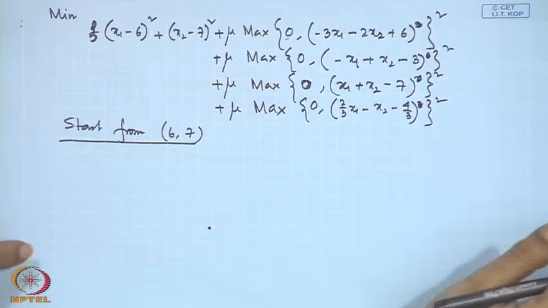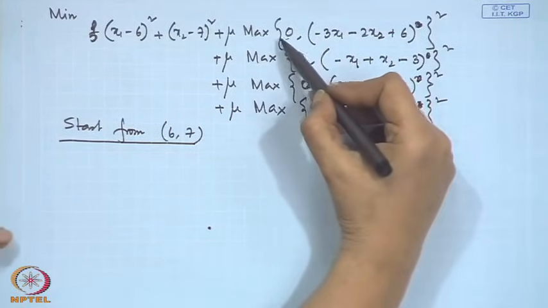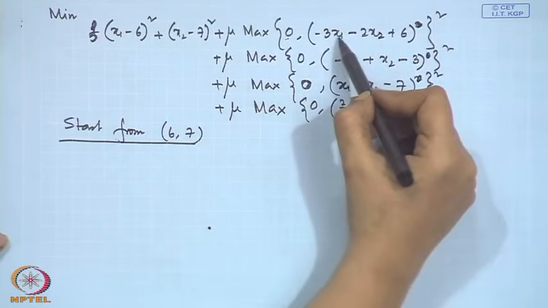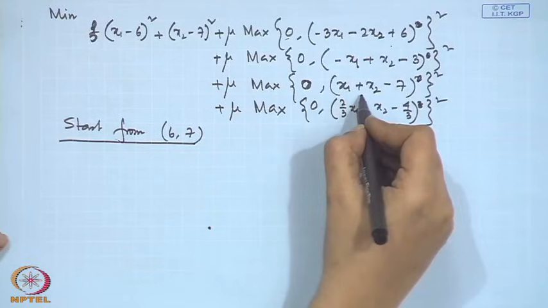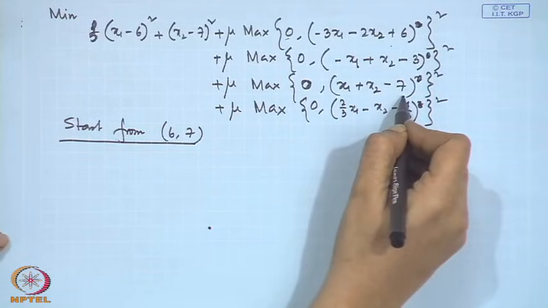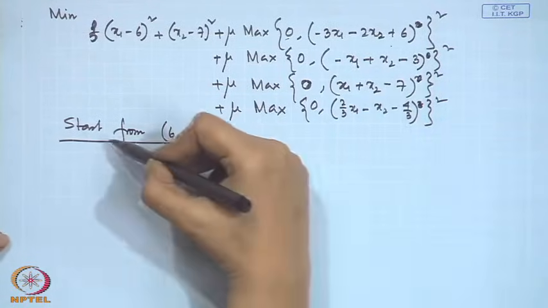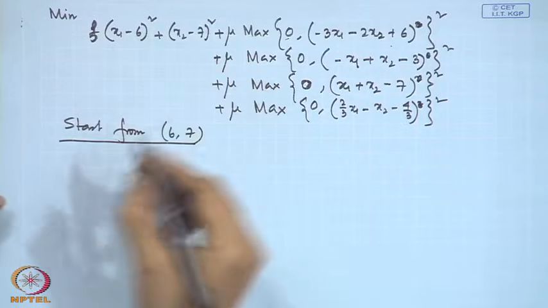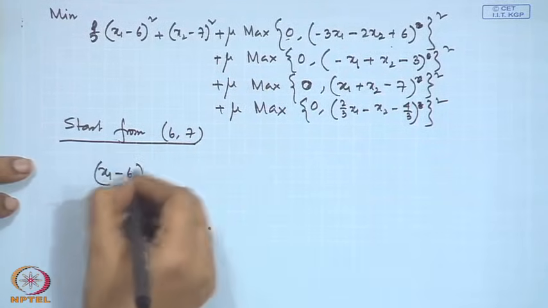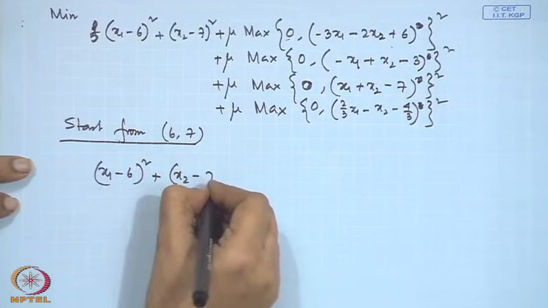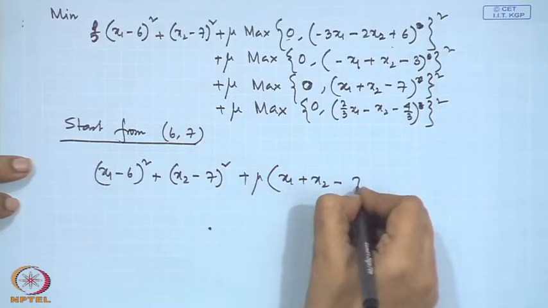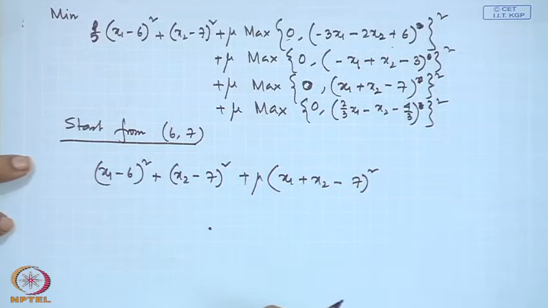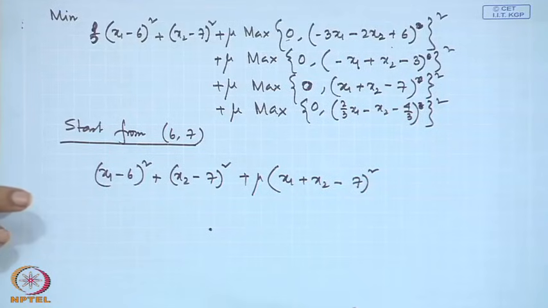Now we will get the maximum value as 0, because (6, 7) will satisfy those and that would be a negative value, and here also it will be satisfied; only this one we will get a positive value for (6, 7). That is why if we start from this point, this unconstrained problem will reduce to another unconstrained problem, which is very easy to handle, because all the other terms are cancelled because of the 0 value.